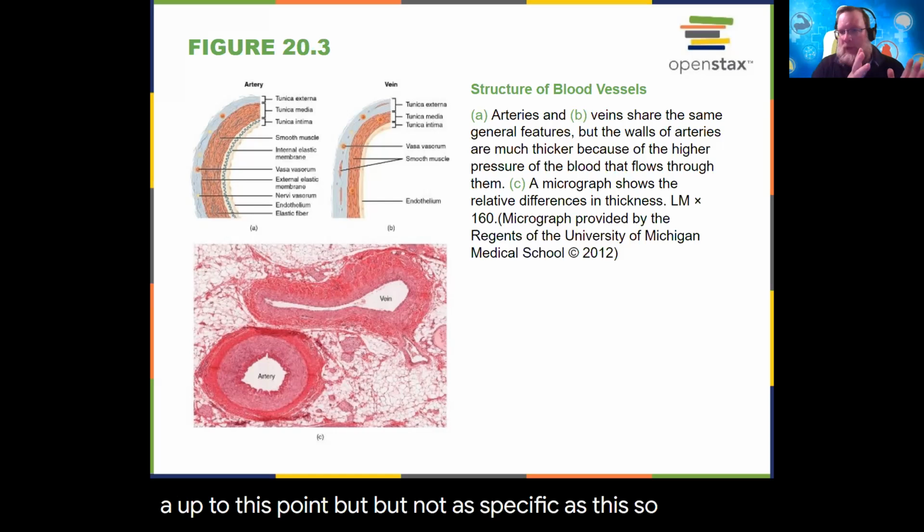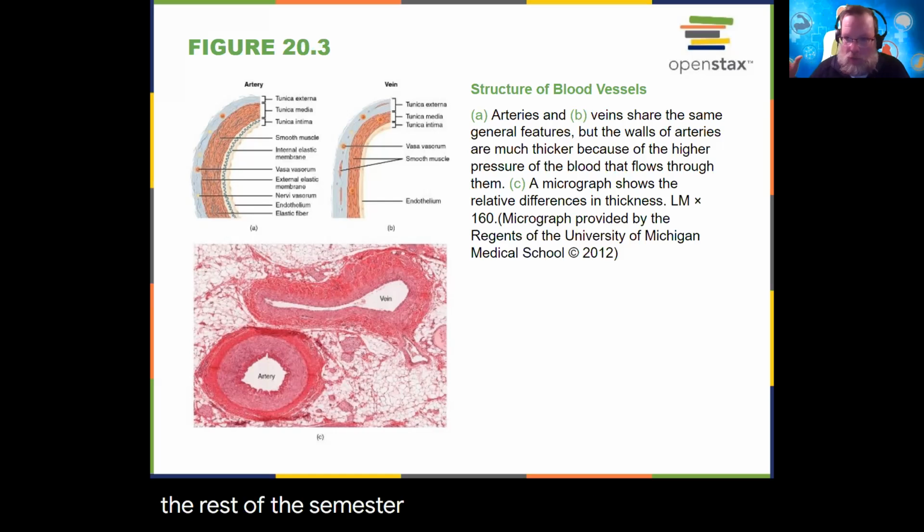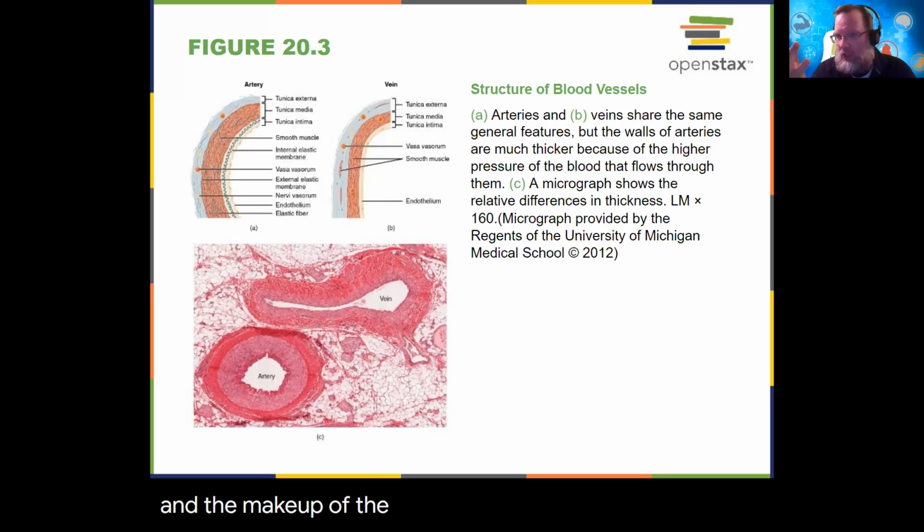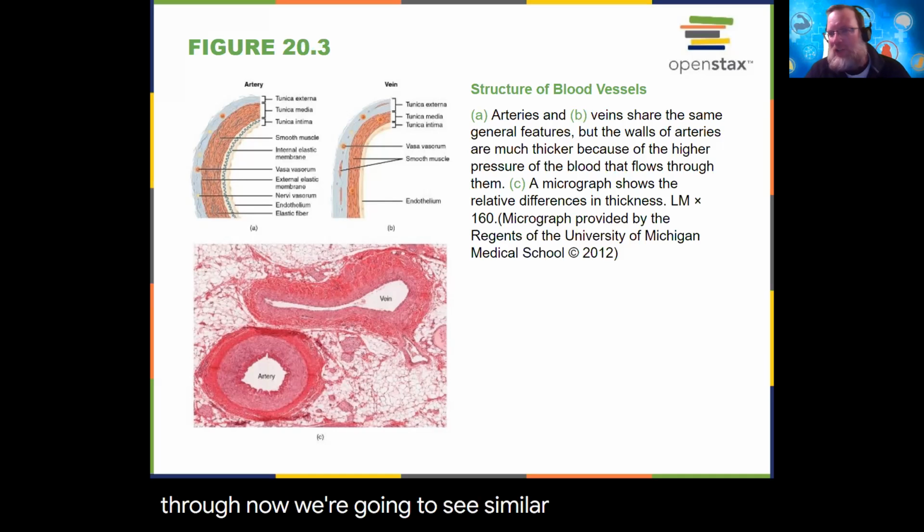And again, the rest of our body systems this semester are all going to be focused on different tubes. So the structures and the makeup of these tubes that we go through now, we're going to see similar features coming up in really the rest of the semester. So we finally made it.